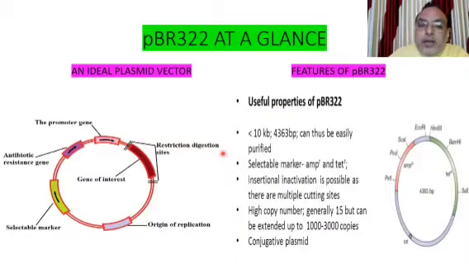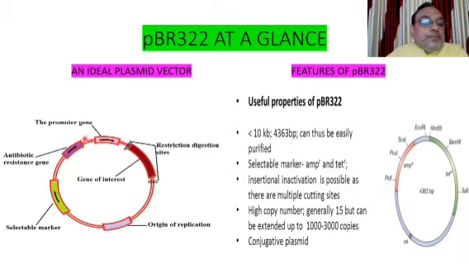So in the next slide, here you see a plasmid vector. Here is a selectable marker. It may be antibiotic resistance, it may be some other selectable marker that we shall see later on.